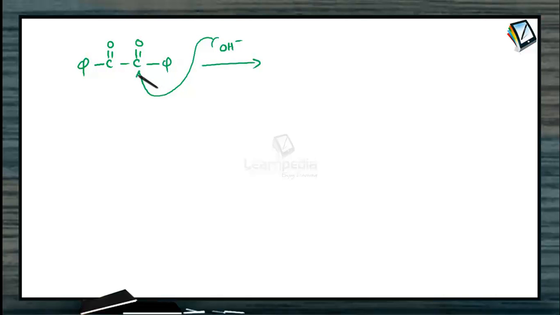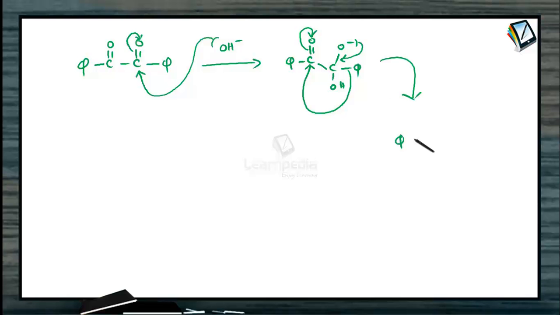This carbonyl carbon will be attacked and an electromeric effect takes place to give, in the first step, Ph C double bond O, C OH Ph, CO minus. Now this will come back and the phenyl group will shift to this carbonyl carbon. Once again an electromeric effect, resulting in Ph CO minus and another Ph here.